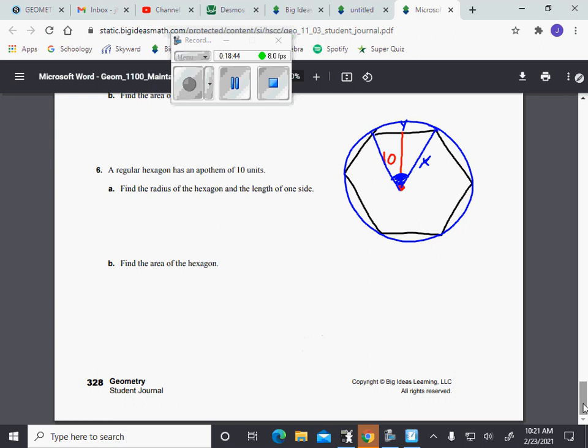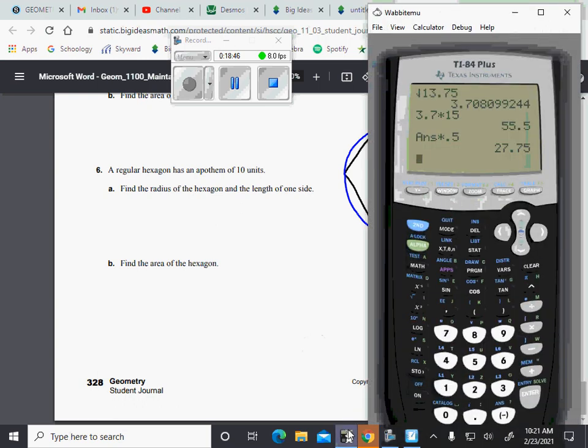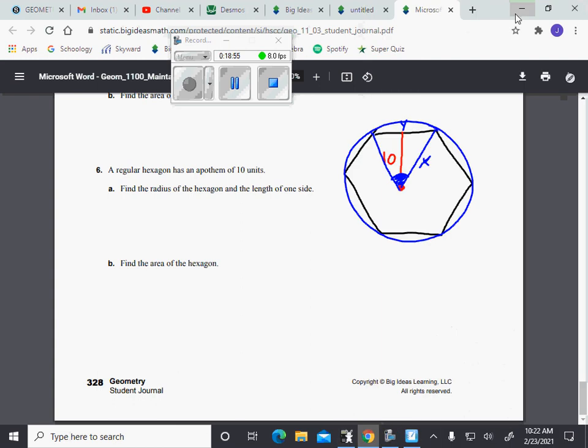So we're going to take 360 divided by the number of sides, which is 6. Should get 60. Okay, so this angle here is 60 degrees. Which means half of that, because the apothem cuts it in half, is 30 degrees.